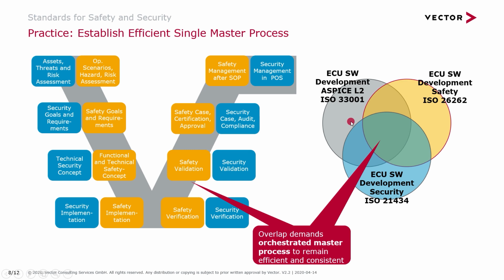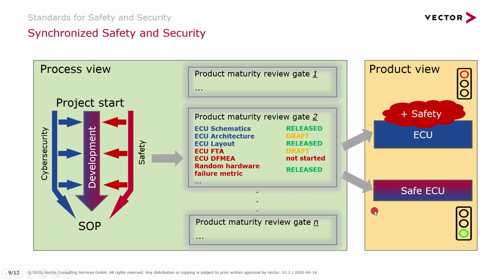So the real target, both for achieving quality and for cost efficiency, is to orchestrate these different process elements to achieve maximum benefit from the different processes without overhead. And in a practical situation, we typically recommend that with the project start, we have a couple of synchronization points, as we show here on the left side.